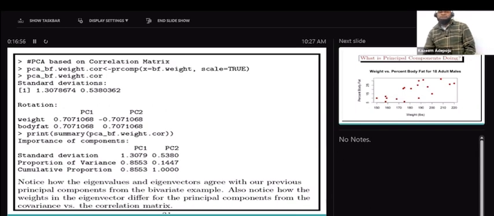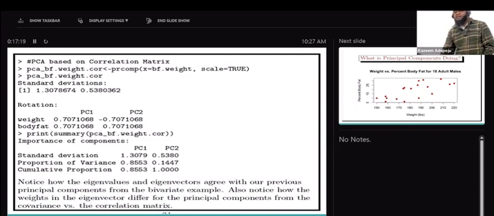Let me tell you this. If we're working on the same data, I want you to pay attention to what is on the board. You're going to see that the standard deviations of the two principal components here will be different from when we make use of the covariance.